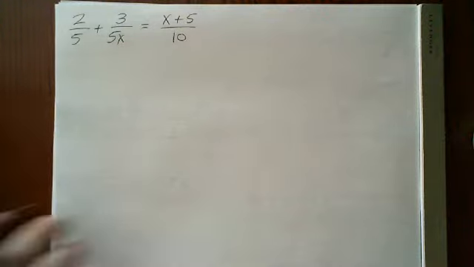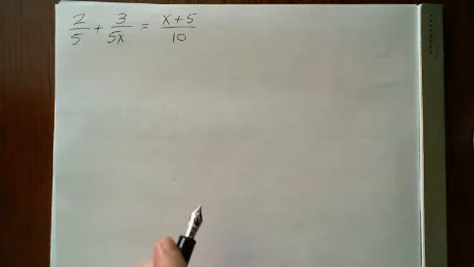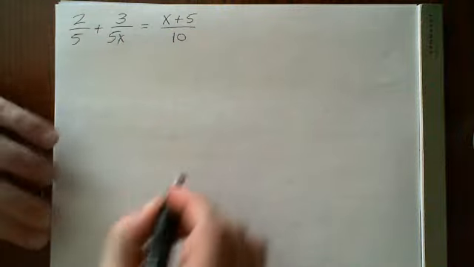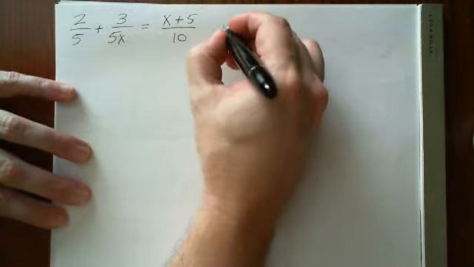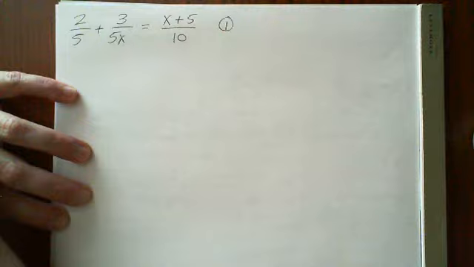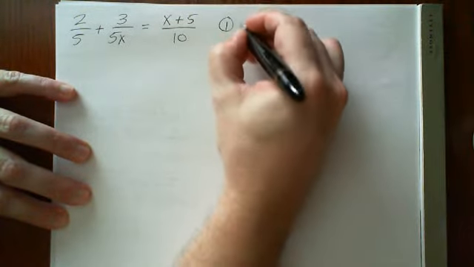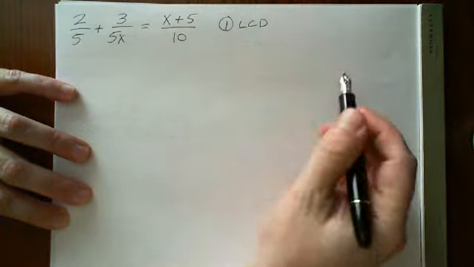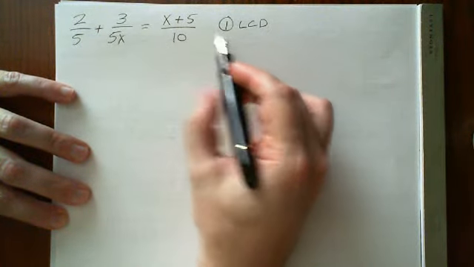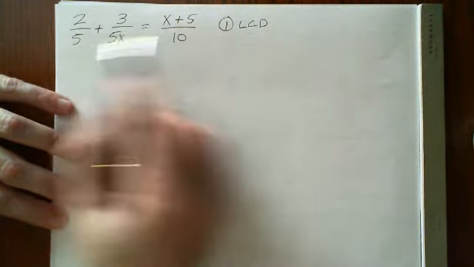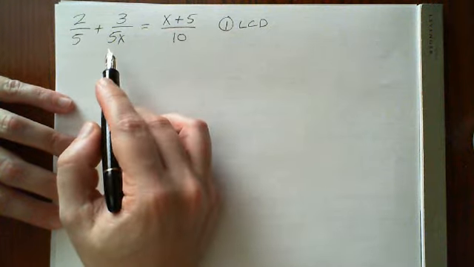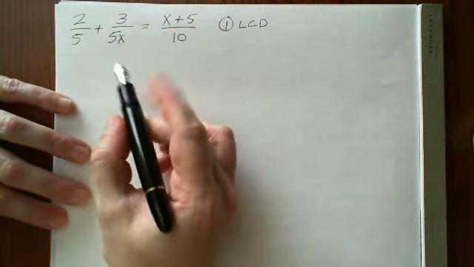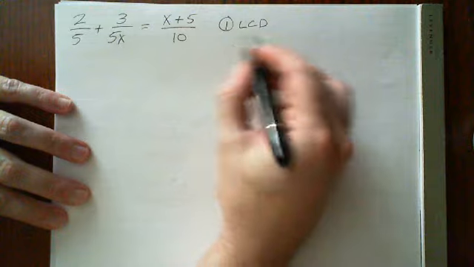So anytime I'm dealing with any rational equation, the first step, I always want to determine my LCD before I really start doing anything. My LCD, least common denominator, or lowest common multiple, it's sometimes called, they're the same thing.